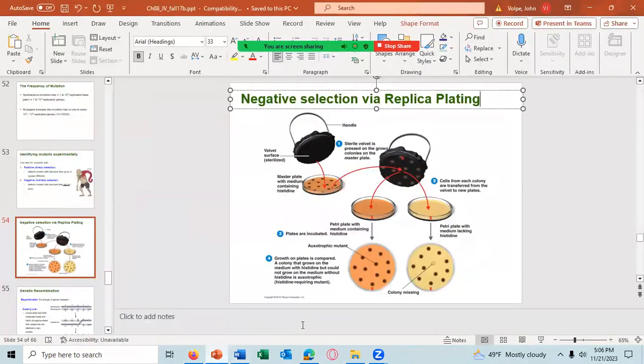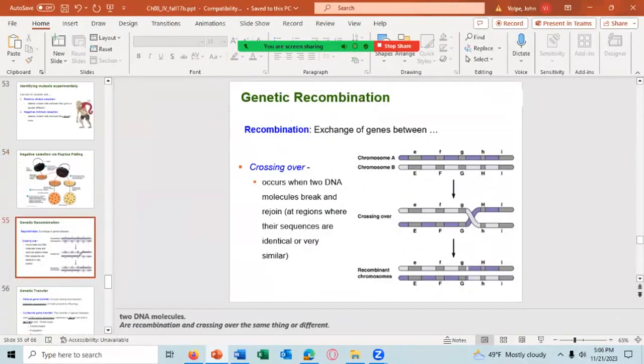All right, let's go back to lesson 8. So genetic recombination is the exchange of genes between two DNA molecules. Oftentimes this happens in crossing over. This is when two DNA molecules actually come together, like the mother's chromosome X and the father's chromosome X, because they are the same chromosomes that come together in pair.